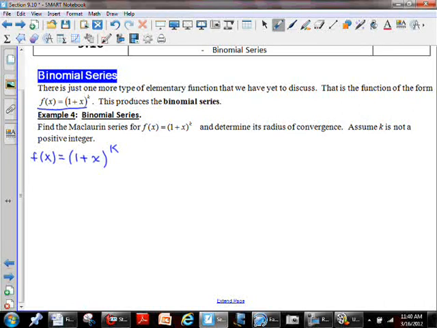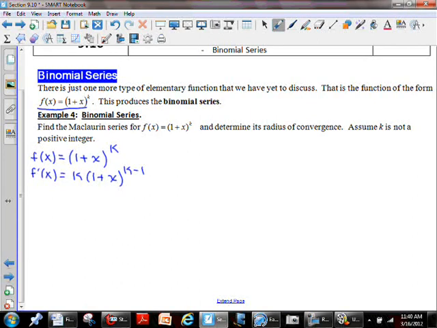Let's take several derivatives. First derivative, f prime of x. Well, the k would pop out to the front, and we would then have our 1 plus x raised to a power less than k, or k minus 1. And technically, we would be obligated to use the chain rule here.